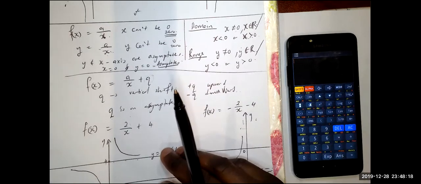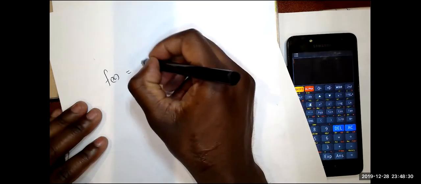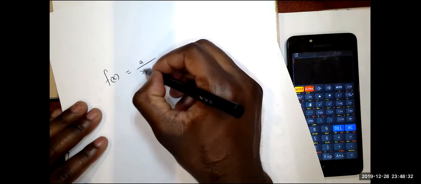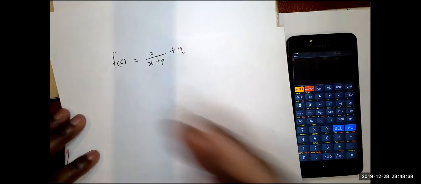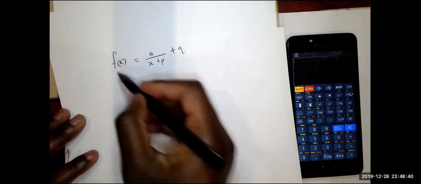Okay, so let's see another scenario here. The equation: f of x is equal to a over x plus p, plus q. Now we have something new here.